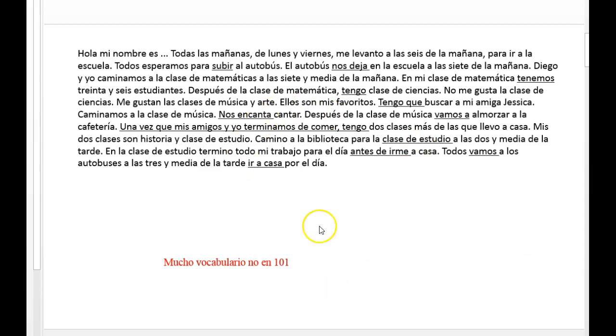So here I just want to mark. I'm not going to go into little detail, but what I wanted to mark over here is that there is a lot of vocabulary that you did not see yet in chapter 1 or chapter 2. For example, subir. If I give this to a student that is really for the first time in Spanish 101, that student doesn't know that, and that student doesn't need to know that because I didn't teach it.